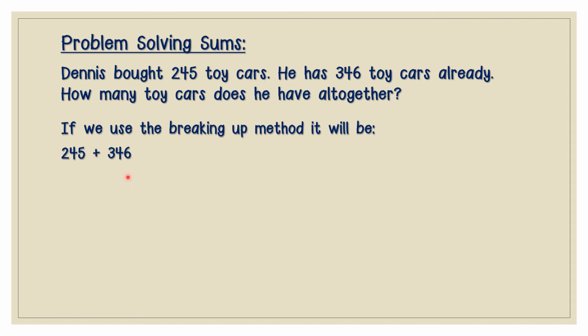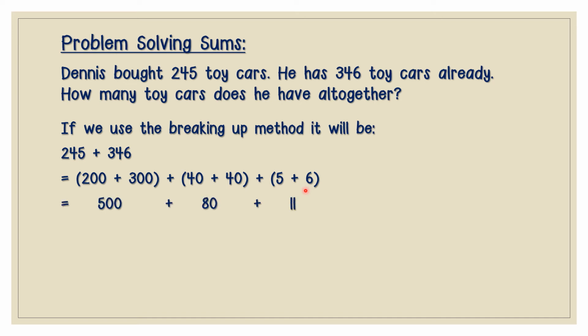So let's work out this sum together. So first we said our first step is to break up our hundreds, tens, and units. So if we break them up, it will be 200 plus 300, that is our hundreds, plus our tens will be 40 plus 40, plus our units will be 5 plus 6. And then we said our next step is to add our hundreds, our tens, and our units.